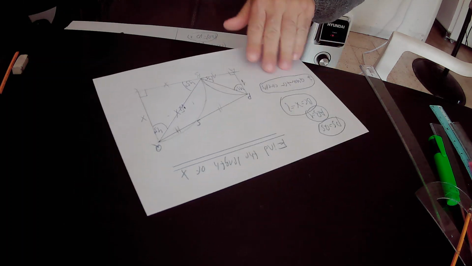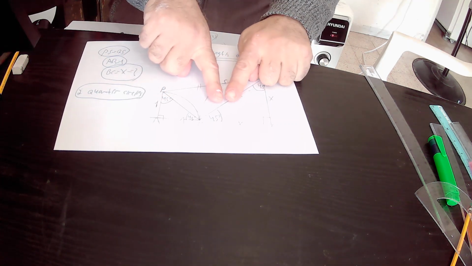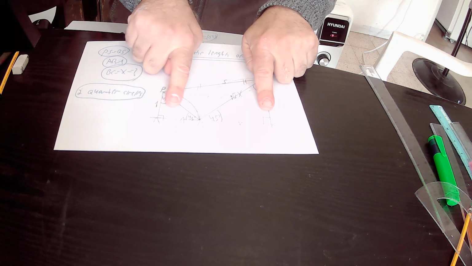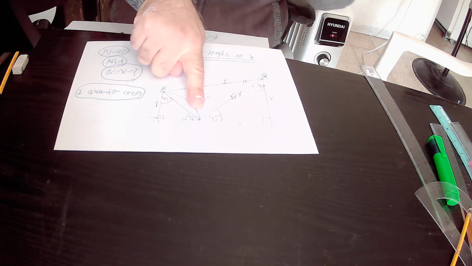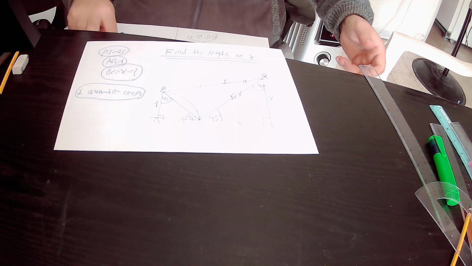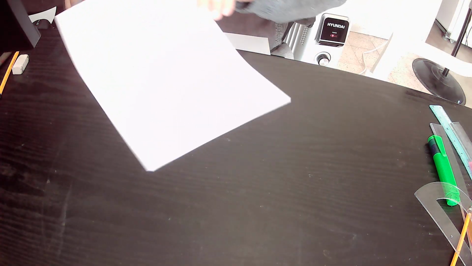Why? Because in our drawing, we have the straight line AC. If you focus on the upper side of the straight line AC at point B, here the sum of the angles must be equal to 180 degrees according to rule number 3. So I will draw the straight line AC.